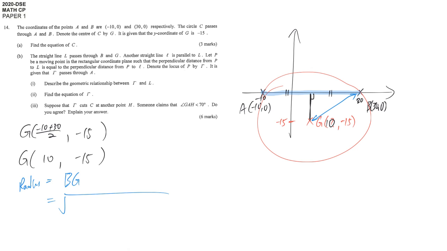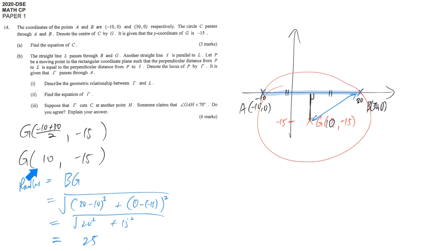That means we compare the x difference, 30 minus 10, squared, plus the y difference, 0 minus negative 15, squared. That means 20 squared plus 15 squared. Again, 3-4-5. I know the answer should be 25. It's a very common ratio that we find for Pythagoras theorem.